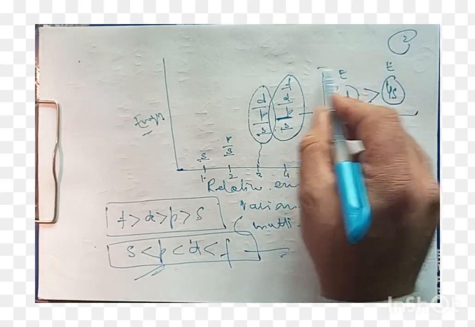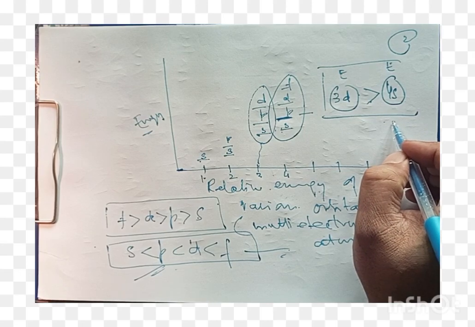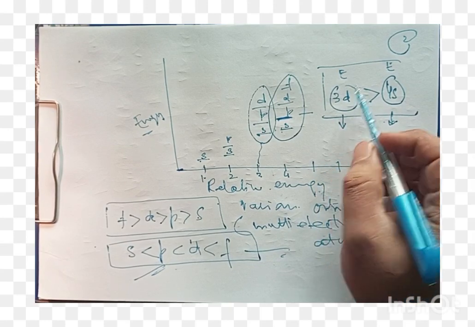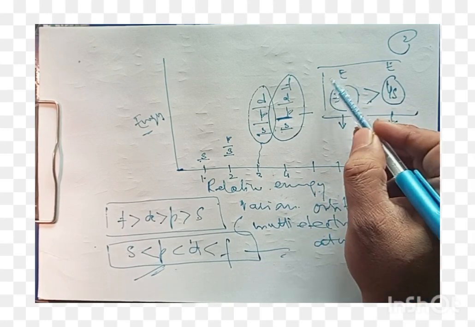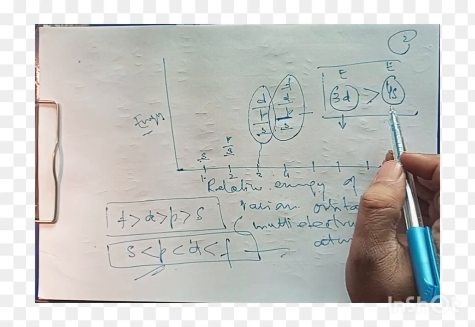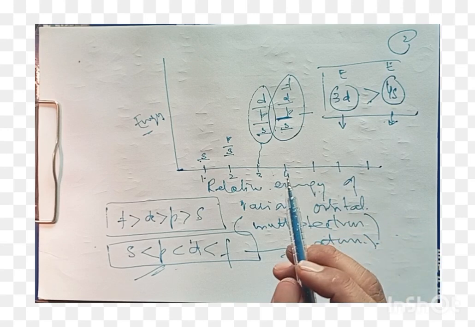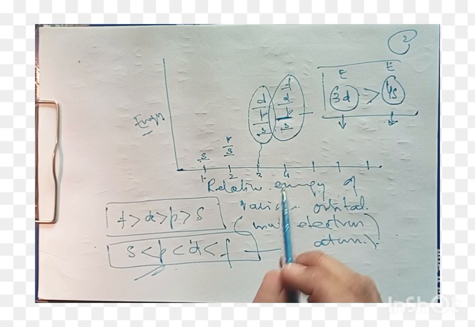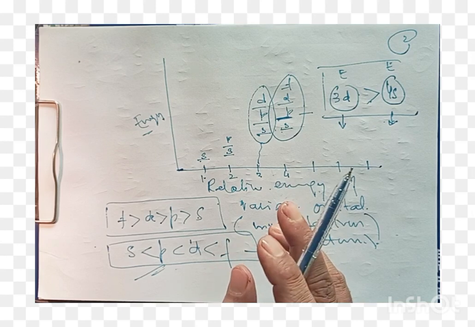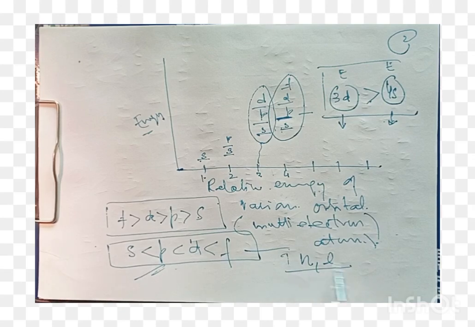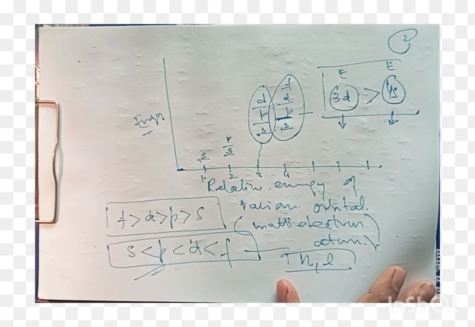Even though 4s has principal quantum number 4 and 3d has principal quantum number 3, the 3d has more energy than the 4s orbital. In multi-electron atoms, the energy of any orbital is governed by the principal quantum number and the azimuthal quantum number. So n and l play the principal role in the energies of electrons in those orbitals.